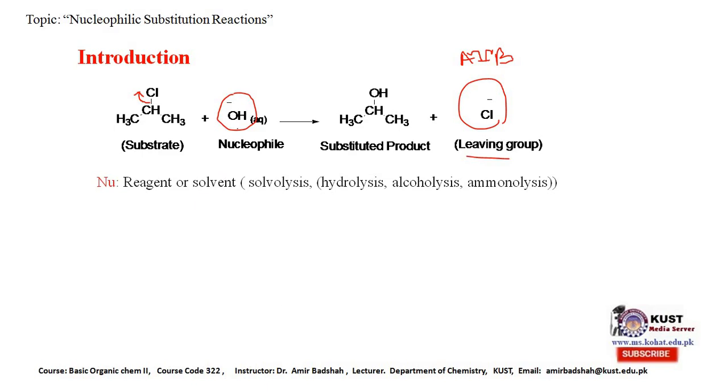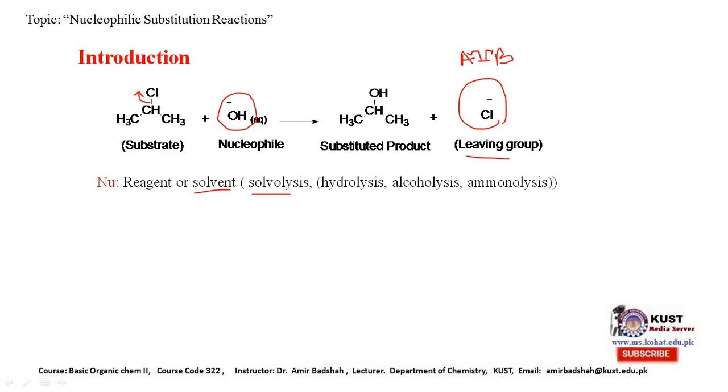Sometimes, instead of the reagent, a solvent may act as a nucleophile too. If the solvent used to carry out the reaction acts as a nucleophile and is involved in the chemical reaction, then the reaction is called solvolysis. Solvolysis is also a type of nucleophilic substitution reaction.